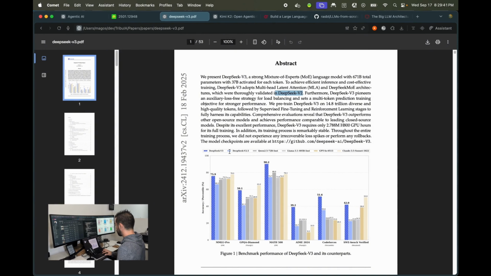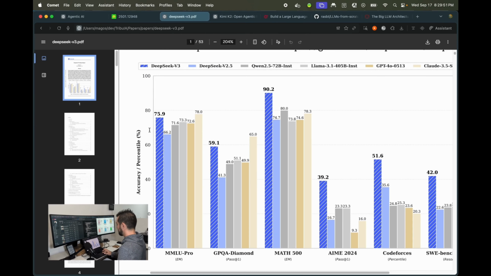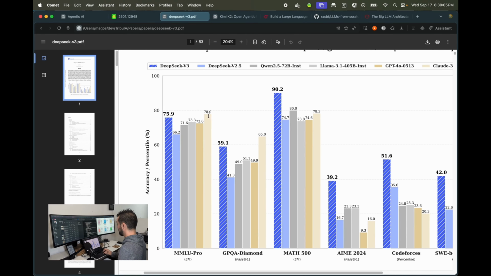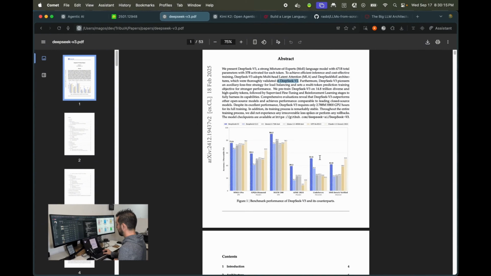You can see the dark blue is V3, the light blue is V2, and you can see a very significant improvement. It also compares against other open models, even commercial models like GPT-4o and Claude 3.5 Sonnet. As you can see, they are on par, or in many cases, better than those commercial models, or almost as good. So this also opened many eyes.